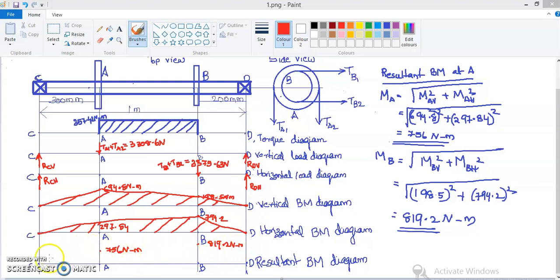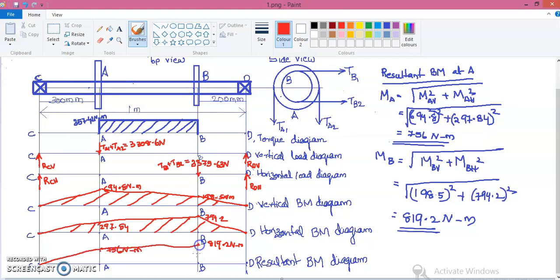So that also I can draw using a straight line. I can join this point and here, and this is joined to the point D. These are all straight lines. So when you draw, make sure that all these are straight lines. And I can hash this portion.